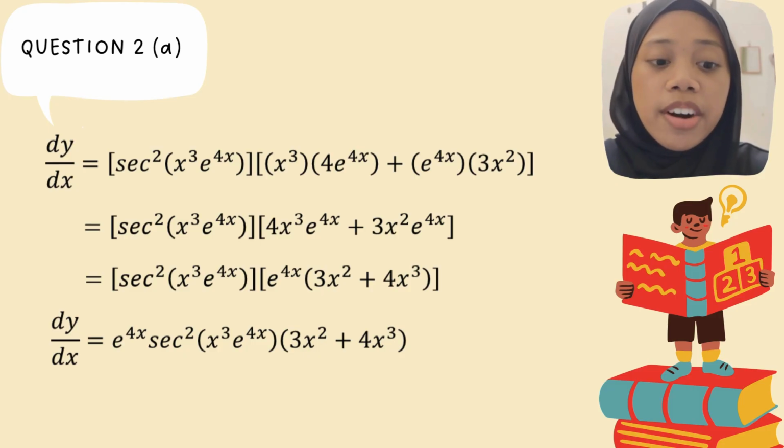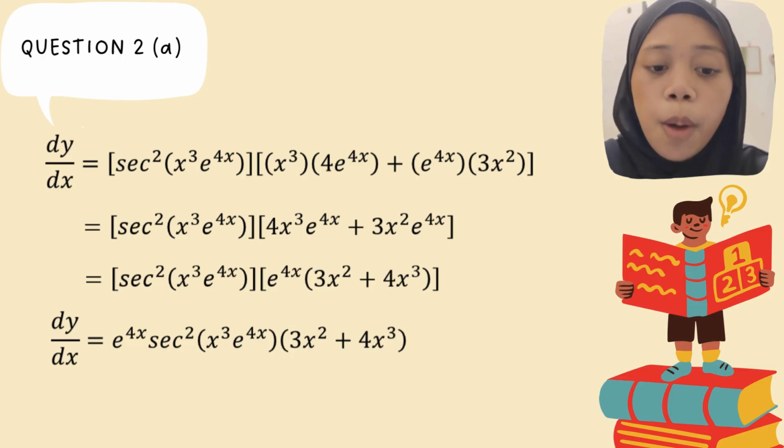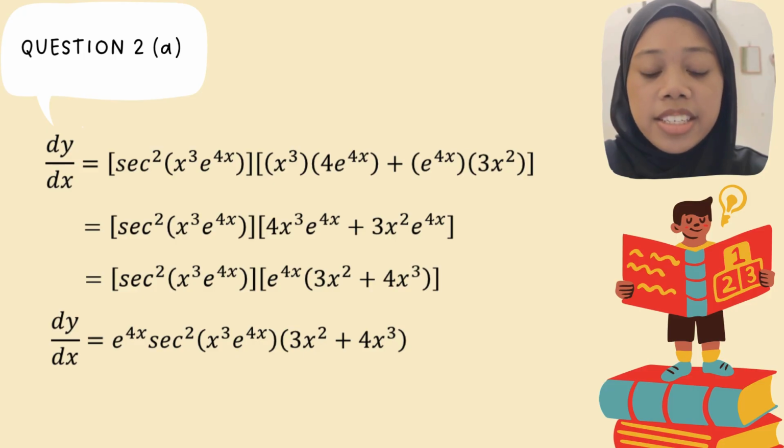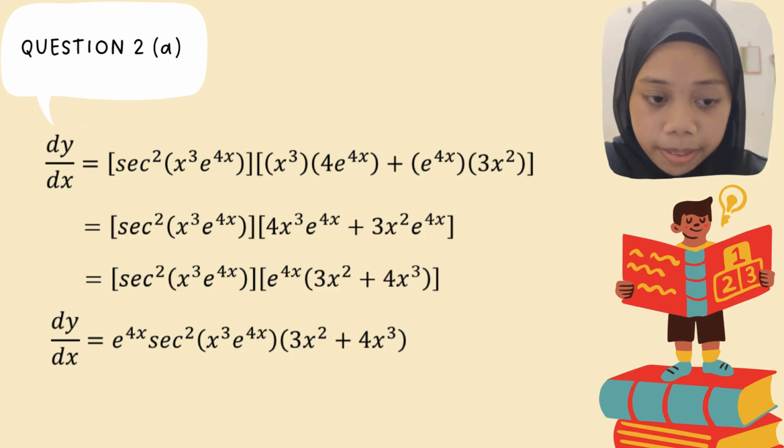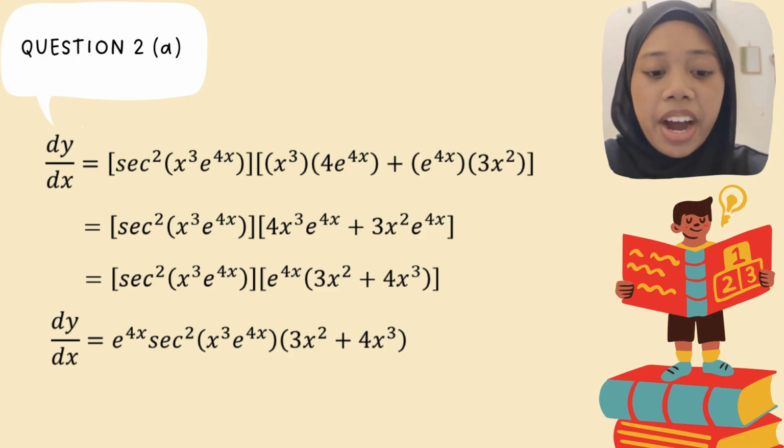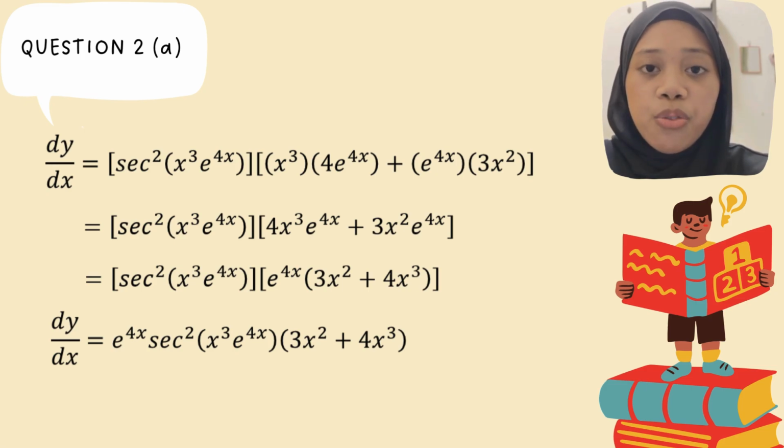Then e to the power of 4x is factored out, so we get open bracket sec squared of x cubed e to the power of 4x close bracket open bracket e to the power of 4x multiplied by 3x squared plus 4x cubed close bracket. Finally, the simplified answer is dy/dx equals e to the power of 4x sec squared of x cubed e to the power of 4x multiplied by 3x squared plus 4x cubed.